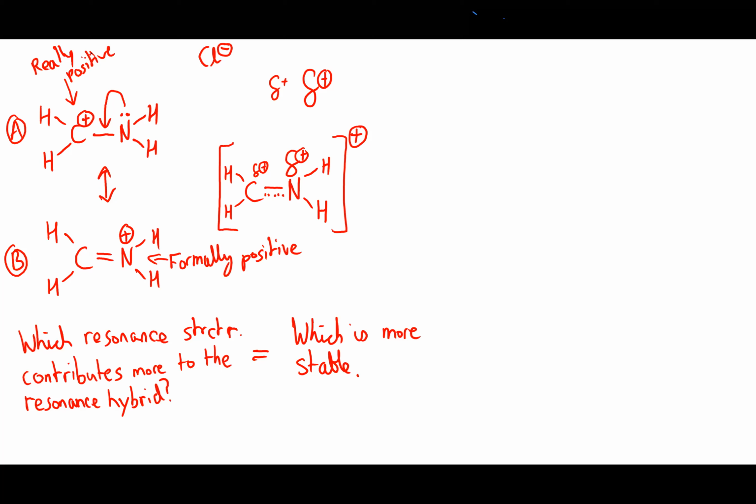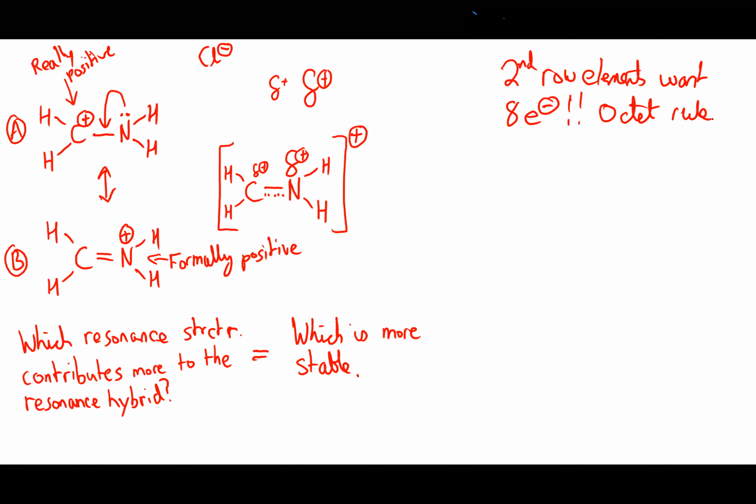Here's a little rule that we have. It's the octet rule. Things want to be noble gas configuration. They want their 8 electrons.